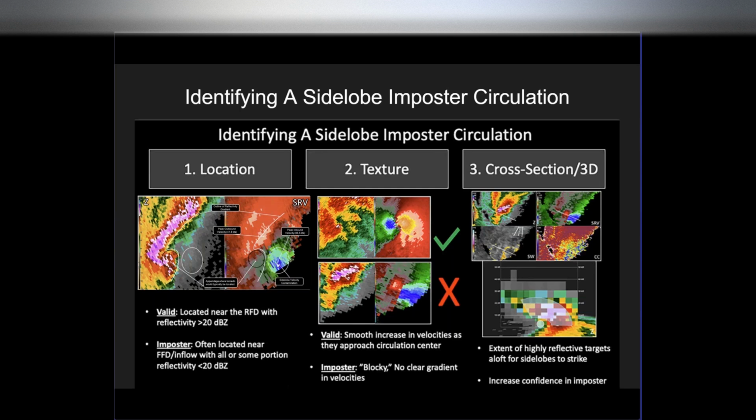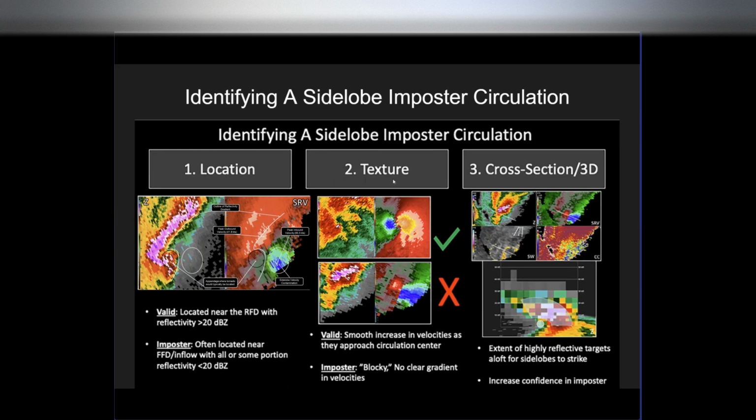But in this example, it's displaced. It's positioned farther to the right of the hook. That's actually the inflow region and your outflow and your forward flank downdraft. This is a problem. There have been false alarm tornado warnings issued for this by offices because they didn't notice that this was offset and there was something off about this.